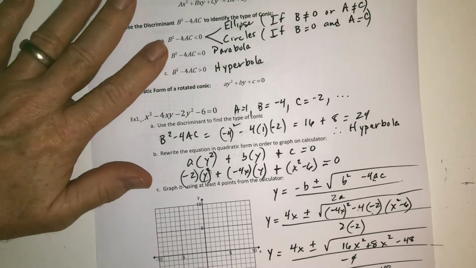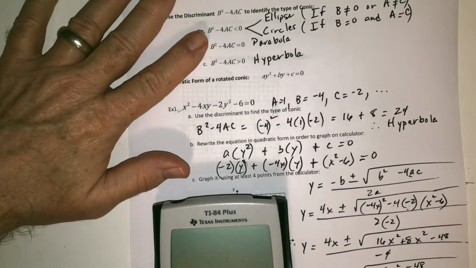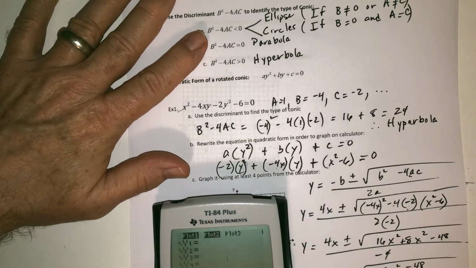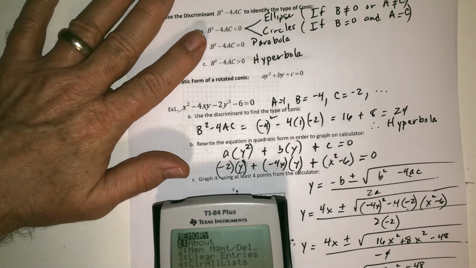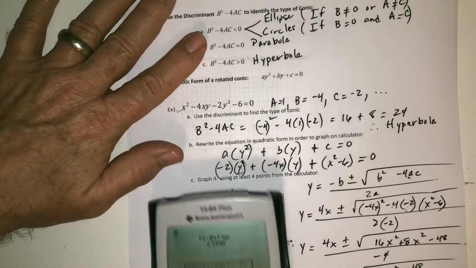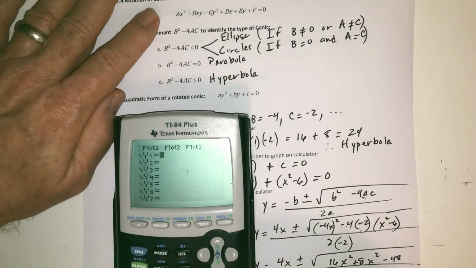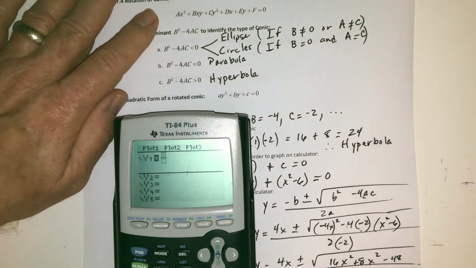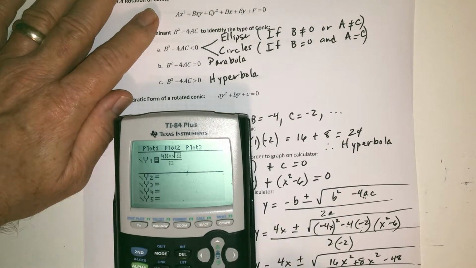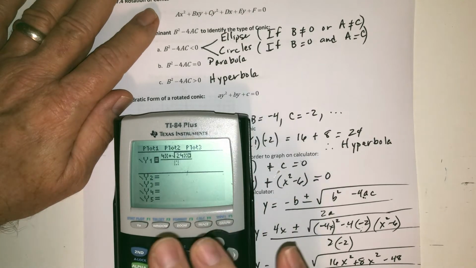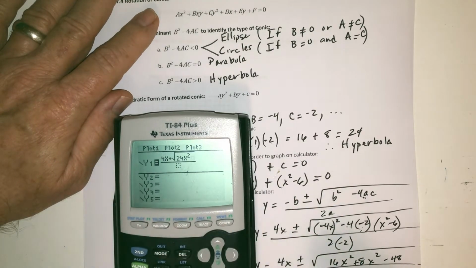We'll put them in the calculator. Let me just clear the RAM on this thing real quick. So I'm going to clear that RAM, and I would go into y equals. I have a fraction, so I'm going to do the plus first. I'm going to do 4x plus the square root of 24x squared minus 48, and then I'm going to divide that by negative 4.